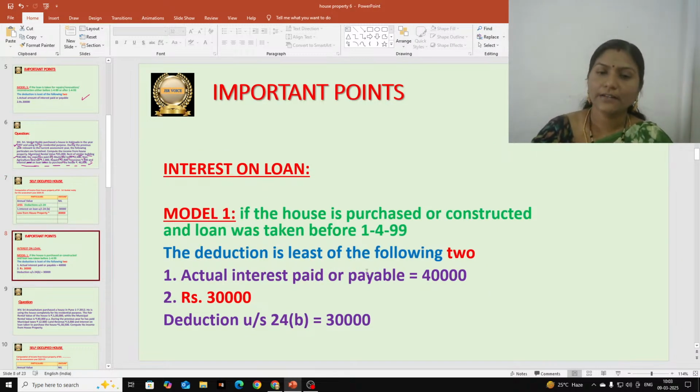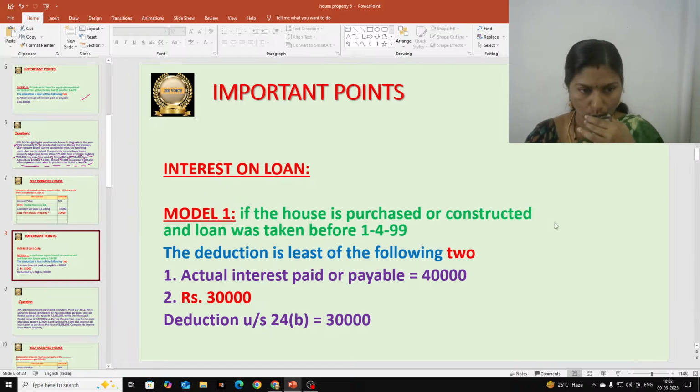Model 1 we selected for calculating interest on loan under section 24 subsection B. So you can see that also. And if you once look into this, we will go to the next question within 2 minutes, students.